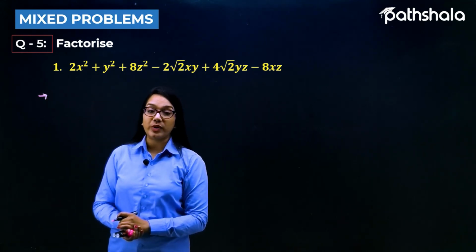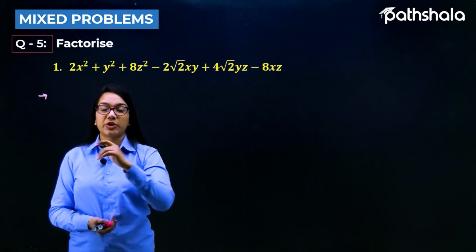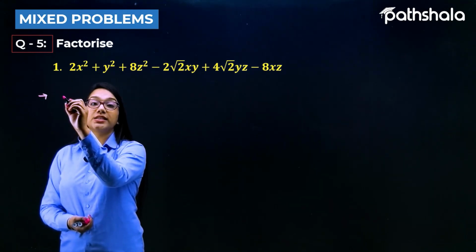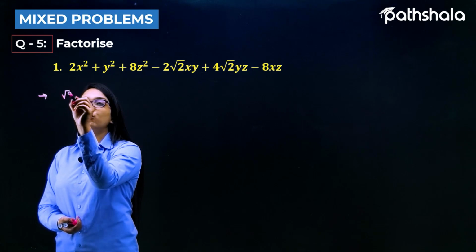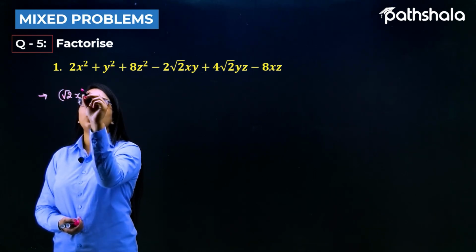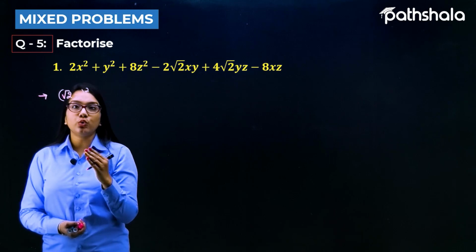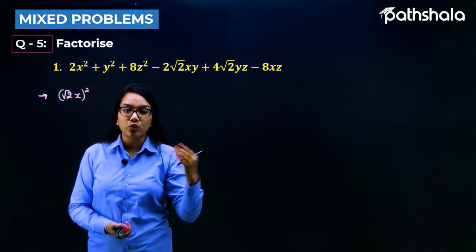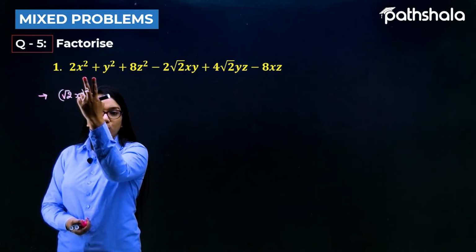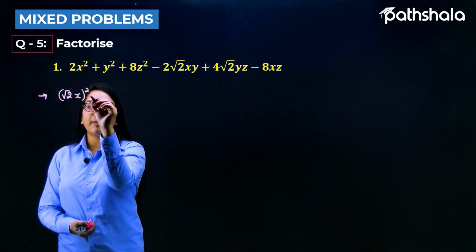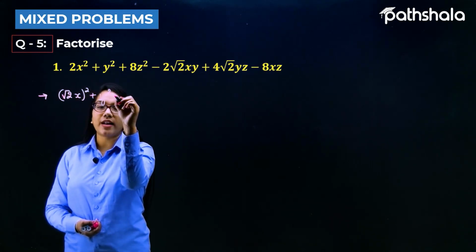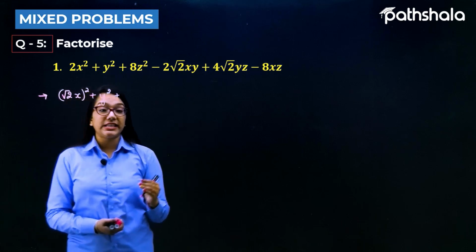So let us suppose we can rewrite this expression as follows. 2x² can be written as (√2x)², because √2 into √2 is nothing but 2, so it will definitely be equal to 2x². Further we have plus y², and we have 8z².